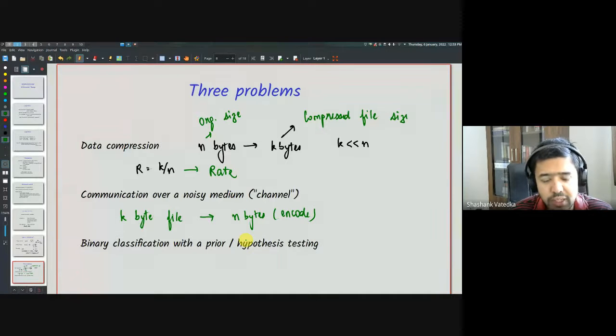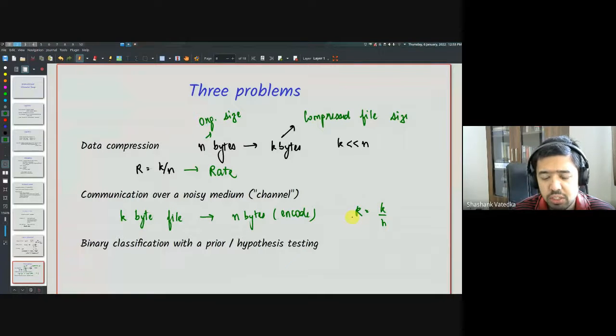So now I have this notion of rate, which let us say I define as k over n. So how large can the rate be? Right.